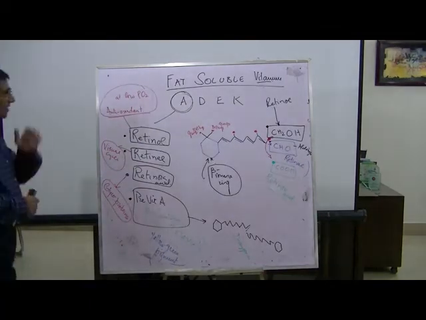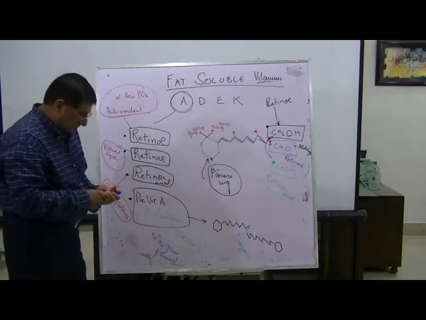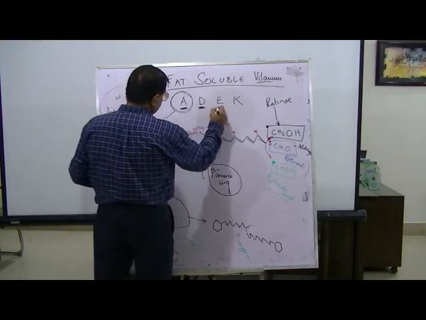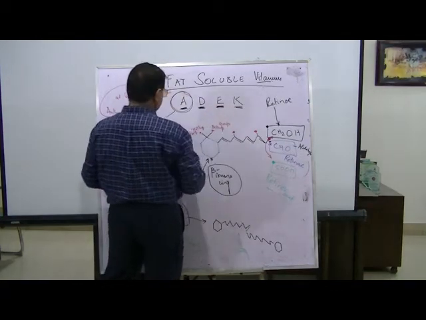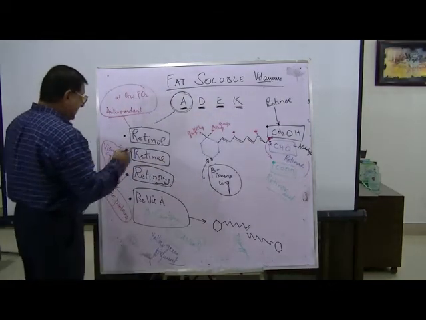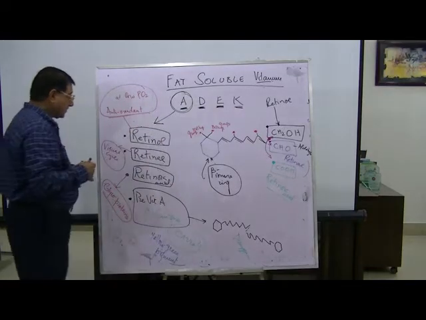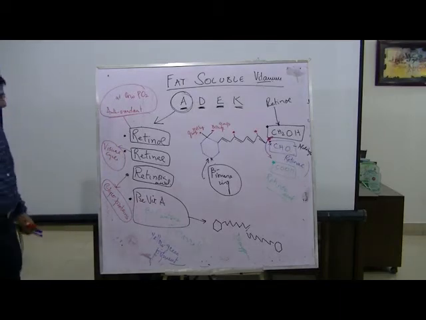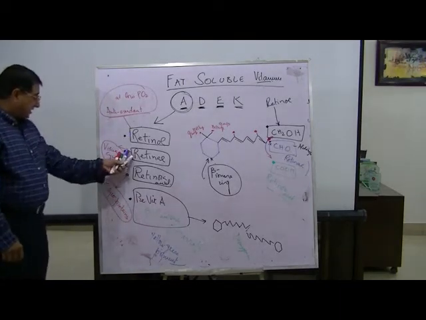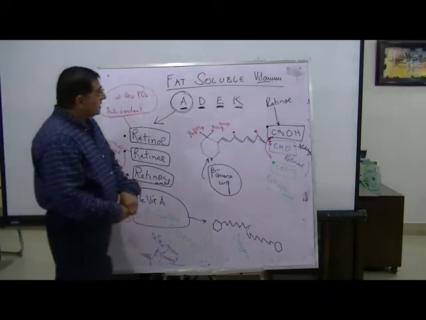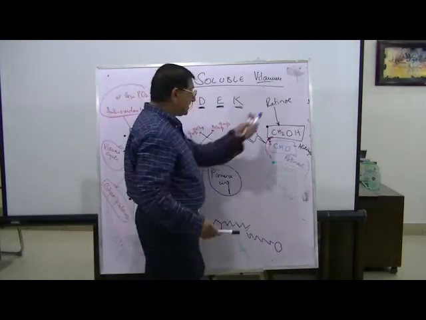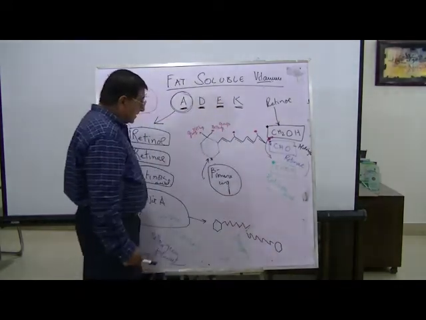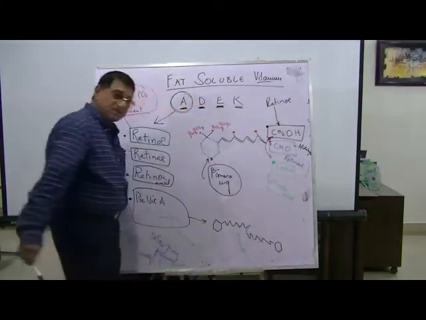So I repeat again. Fat soluble vitamins, there are 4: vitamin A, vitamin D, vitamin E and vitamin K. Now we are talking about vitamin A. Three main types, and one is pre-vitamin A. Retinol, retinal, retinoic acid. If it is an alcohol CH2OH, it is retinol. If it is an aldehyde group, it is retinal. And if it is COOH, it is called retinoic acid.